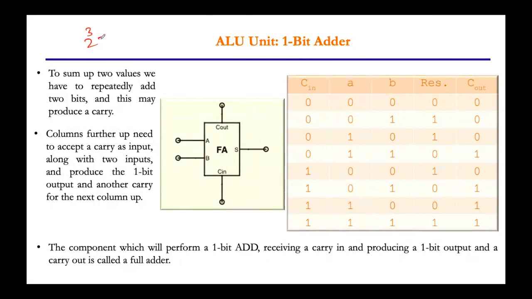So 2 to the power of 3 is equal to 8 possibilities. Those 8 possibilities can be written in this table: 1, 2, 3, 4, 5, 6, 7, 8 possibilities will be there for the 1-bit adder.